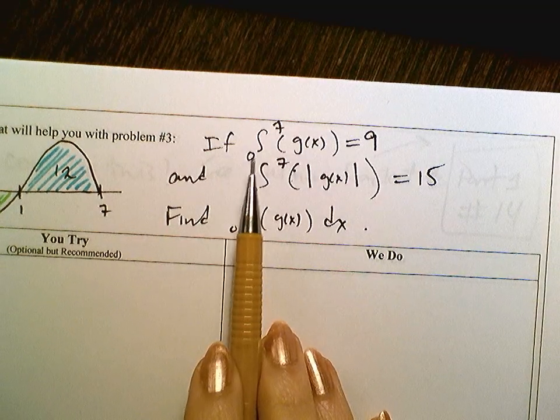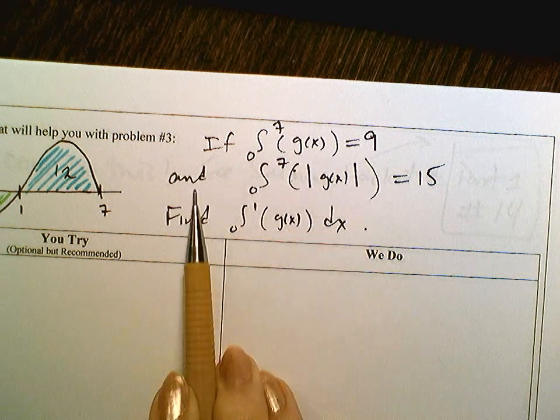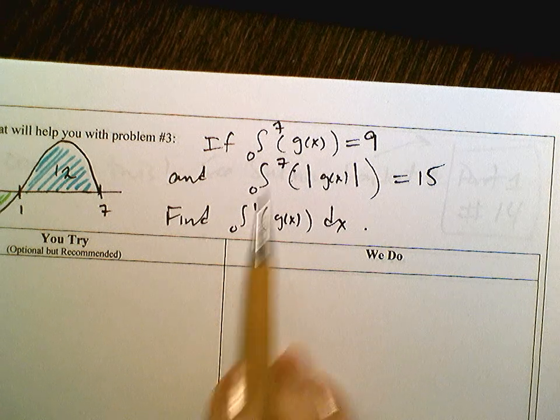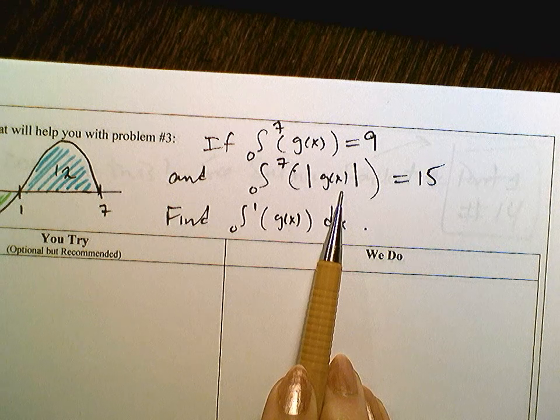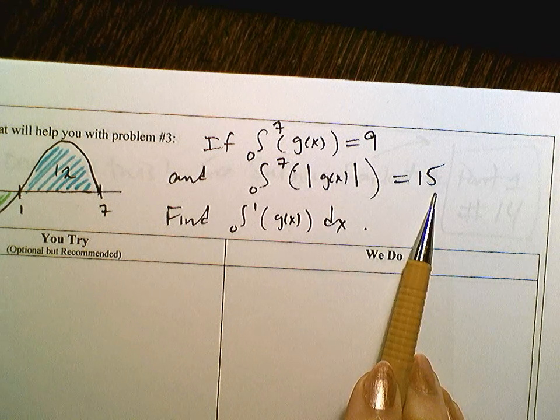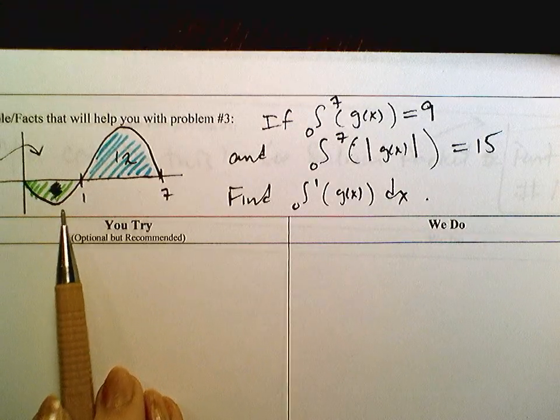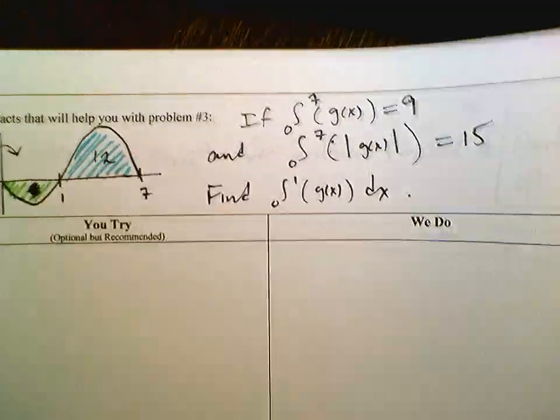If the integral from 0 to 7 of g of x equals 9, and the integral from 0 to 7 of the absolute value of g of x equals 15, they want us to find this value right here, okay?